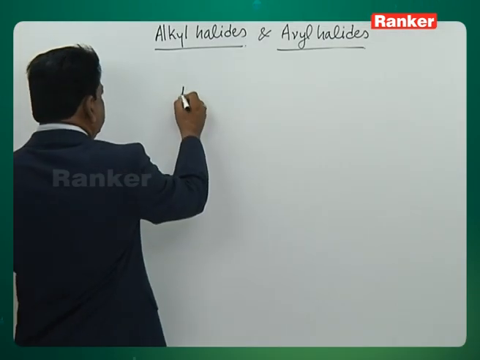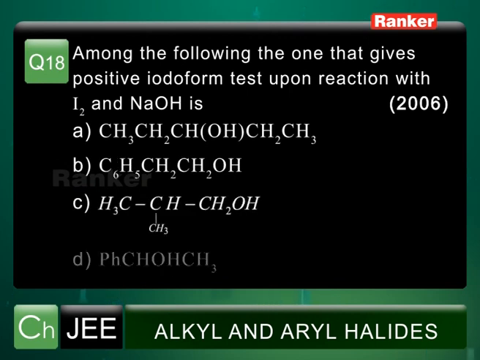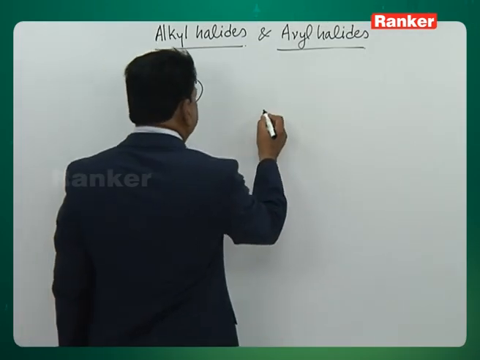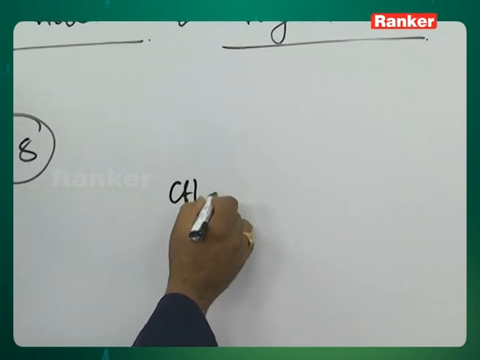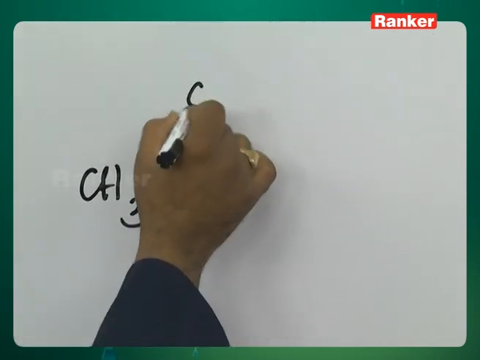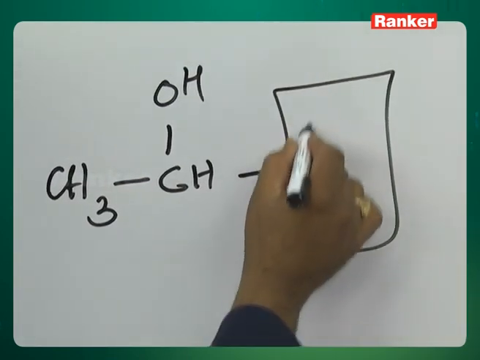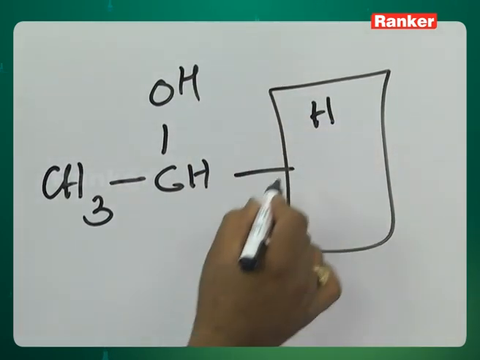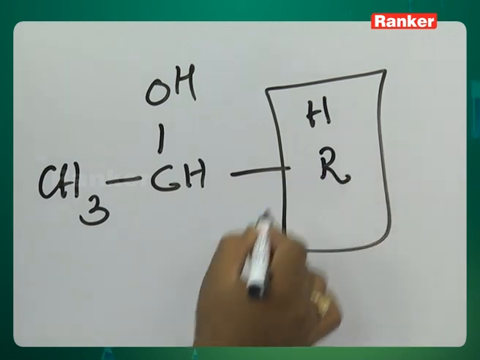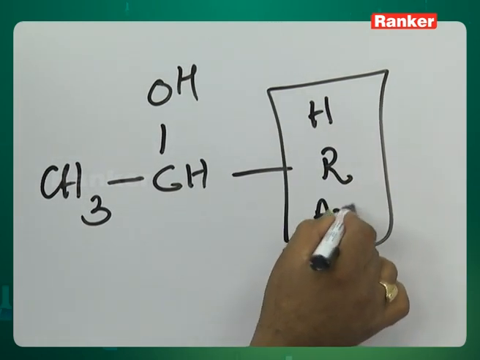So let us go for the 18th question. Among the following, the one that gives a positive iodoform test upon reaction with iodine and NaOH, given different types of alcohols. Let us go to the theory here. All the alcohols which have this type of function, on this side you can have an option: it can be hydrogen, or any alkyl group, or any aromatic group.